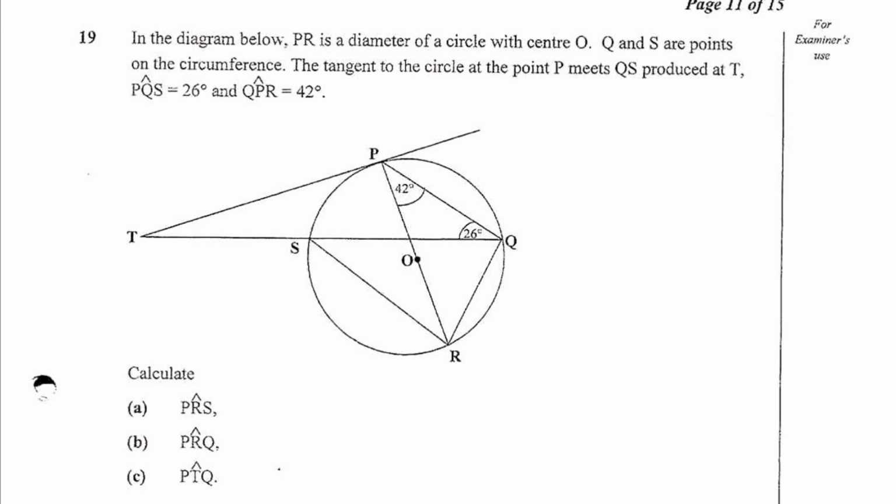We can see the tangent to the circle at the point P meets QS produced at T. Angle PQS is 26 and angle QPR is 42.